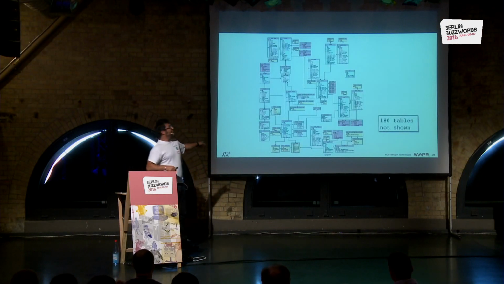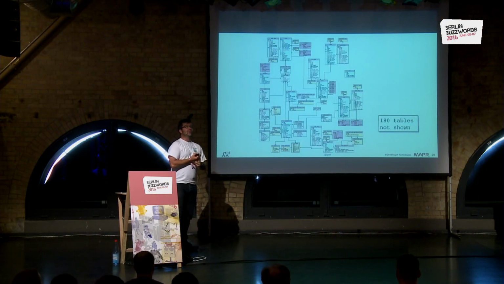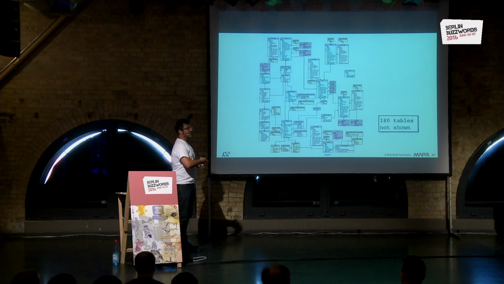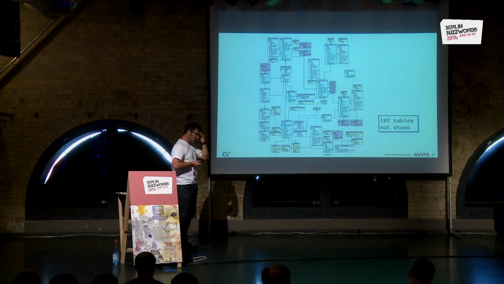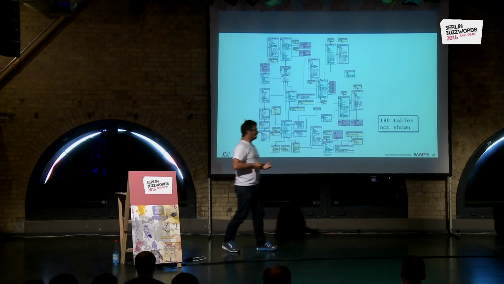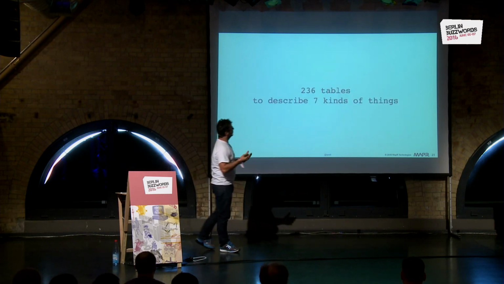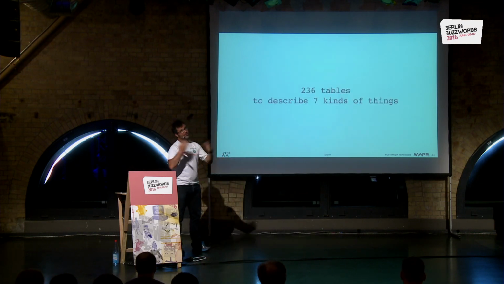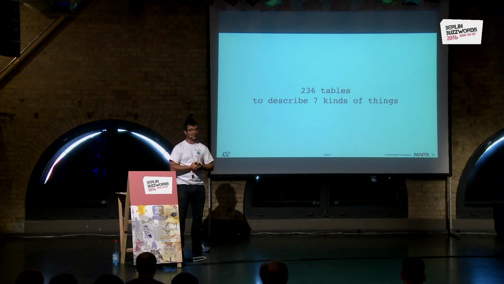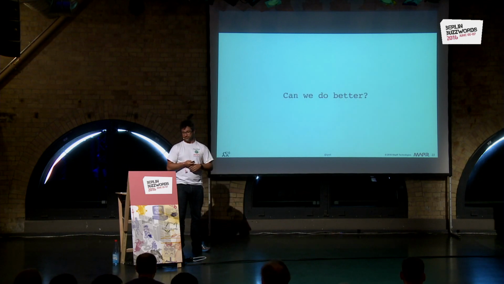In addition to these tables, you have many tables coming from the schema on MusicBrainz that could be used for many information. But let's try to simplify that. So today we have 236 tables to describe 7 important things. And let's focus on this.